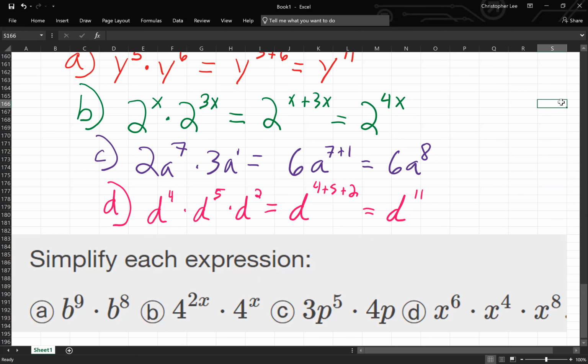B to the power 9. Keeping B, not adding. Adding the powers. So for letter B, gotcha. You multiply the powers, because it's not the letter. It's the powers you're messing with.